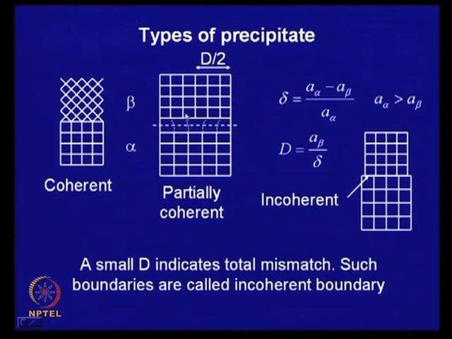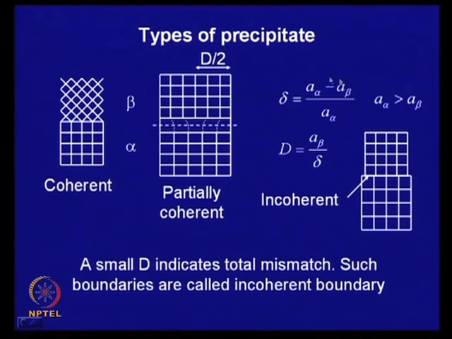So, this type of precipitate we call a partially coherent precipitate, and you can easily calculate, based on the difference in the lattice parameter, the magnitude of delta. A alpha is the lattice parameter of alpha, A beta is the lattice parameter of beta along that particular direction.